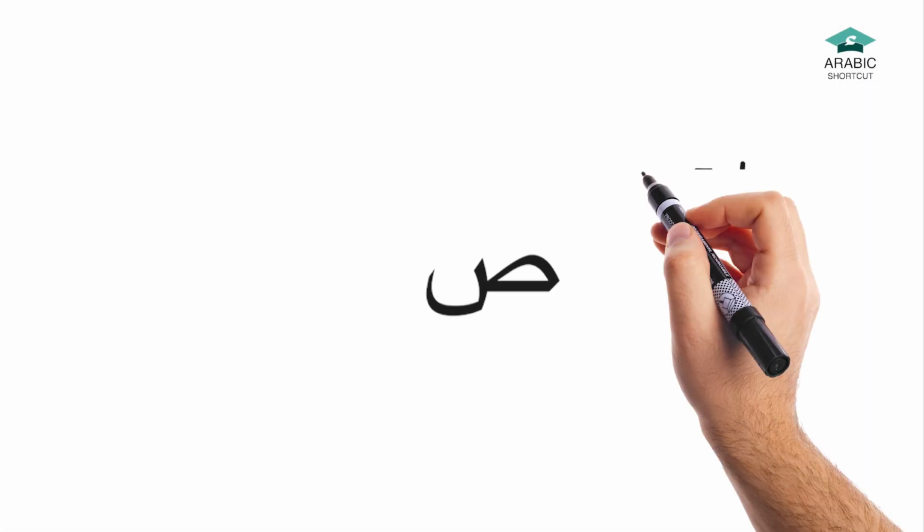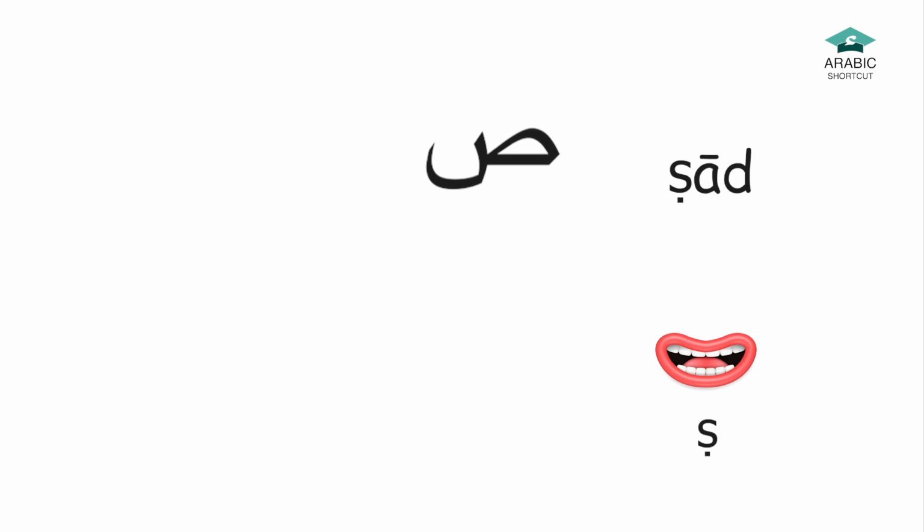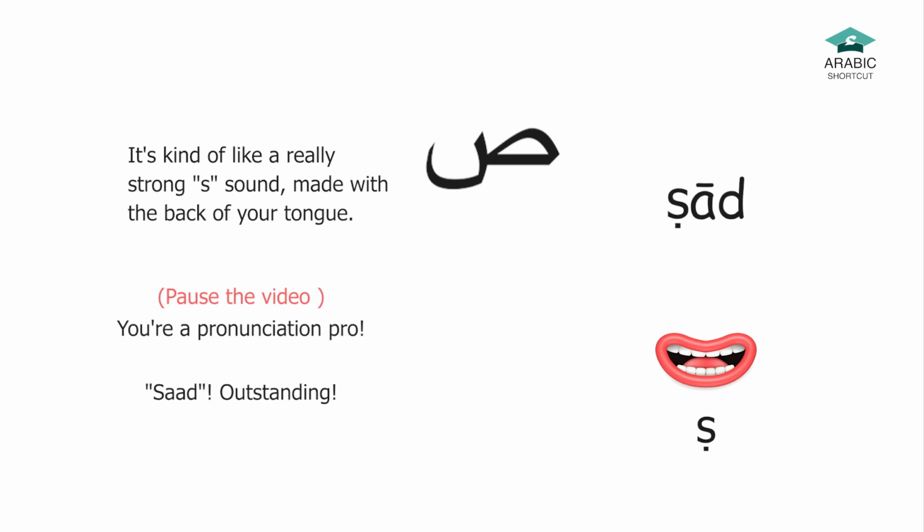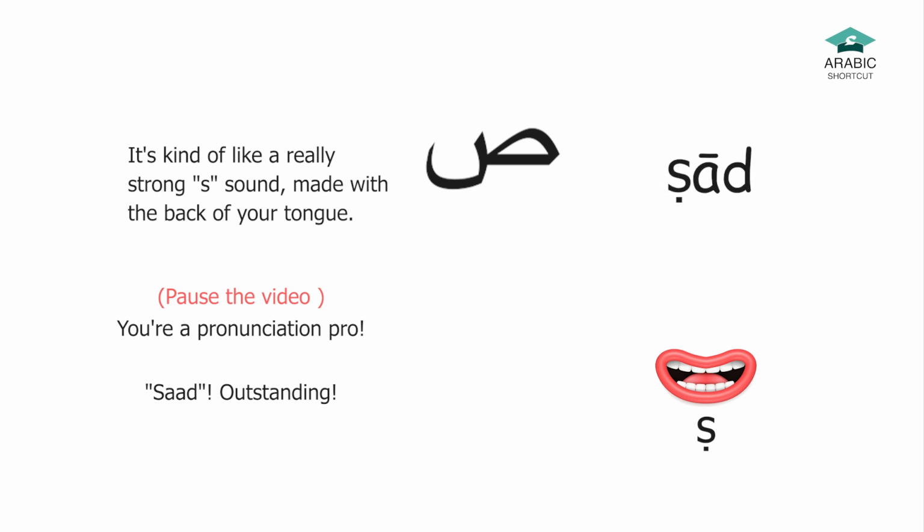حرف الصاد. صاد. This one's a bit unique. It's kind of like a really strong S sound made with the back of your tongue. Pause the video. You're a pronunciation pro. Sod. Outstanding. Not seen, not S. Sod.